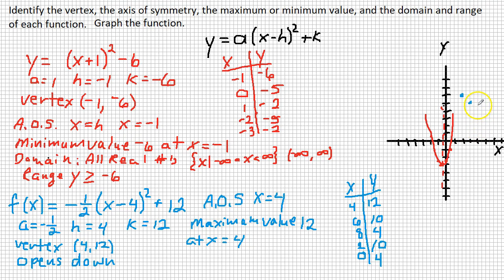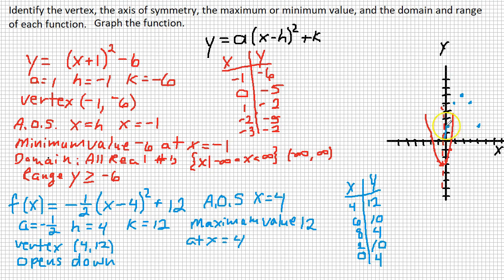And then (8, 4) is our next point. So (2, 4). See, this parabola is going to open up fairly wider than the other one. Then we have the point (2, 10), which is right here. And then (0, 4).